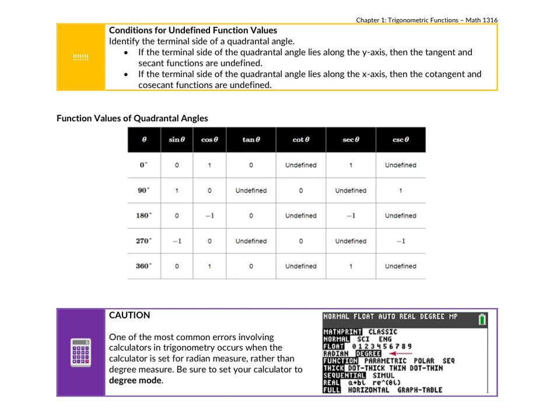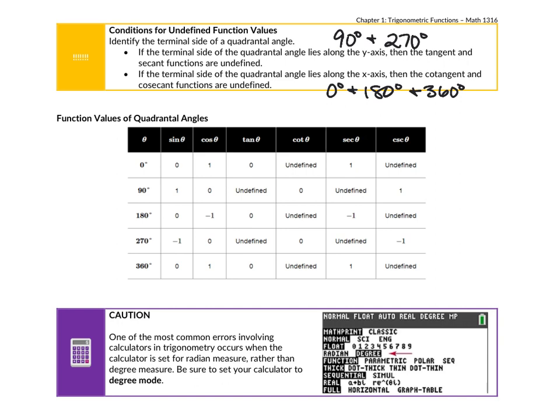If the terminal side of a quadrantal angle lies along the y-axis, that is the angles of 90 degrees and 270 degrees, then tangent and secant are the ones that are going to be undefined. If the terminal side is on the x-axis, which is 0 degrees, 180 degrees, and 360 degrees, and any rotation again of those, then cotangent and cosecant functions are undefined.